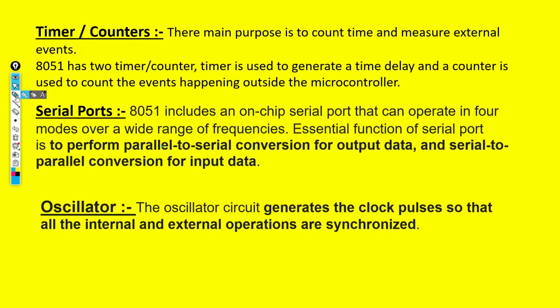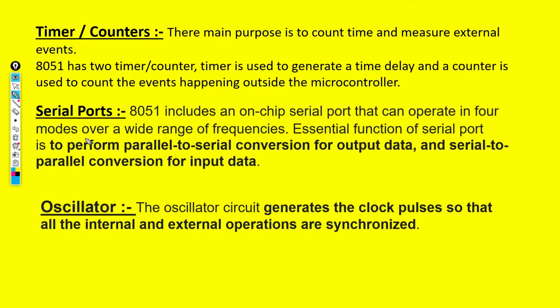So what are timers and counters? Their main purpose is to count time and measure external events. In the 8051 there are two timers and two counters. A timer is used to generate a time delay between each instruction, and a counter is used to count the events happening outside the microcontroller.